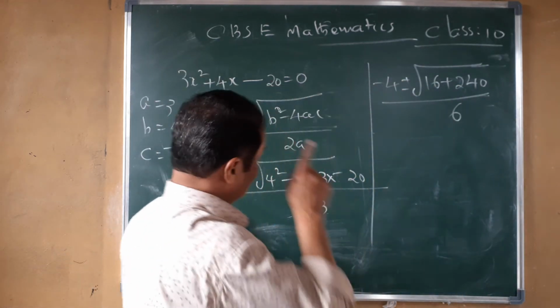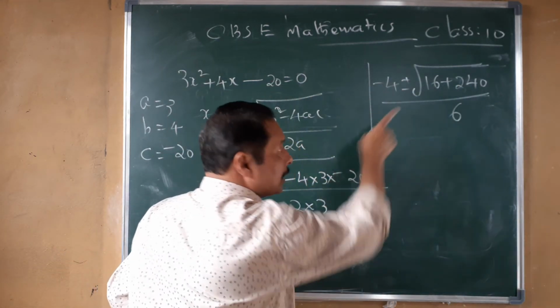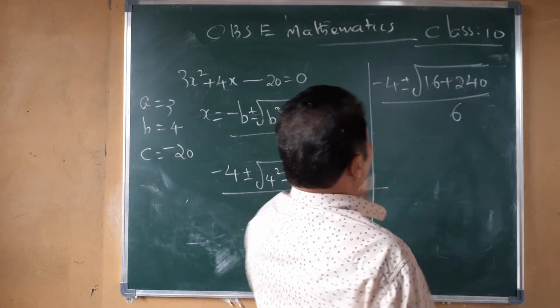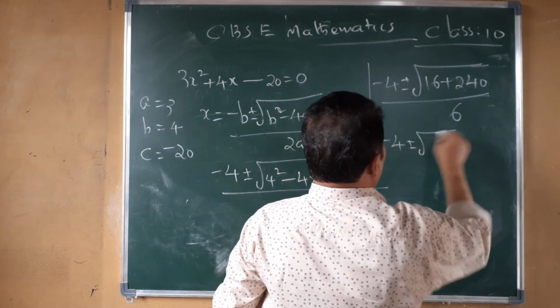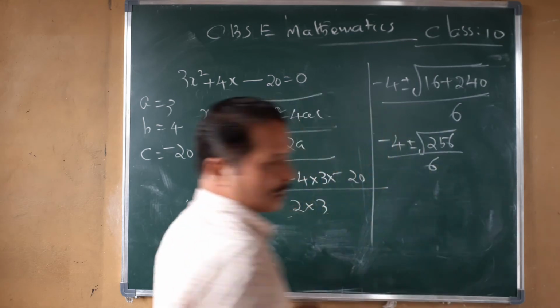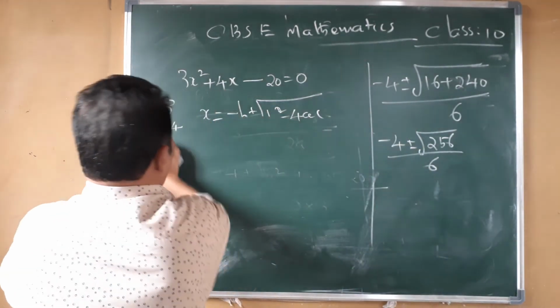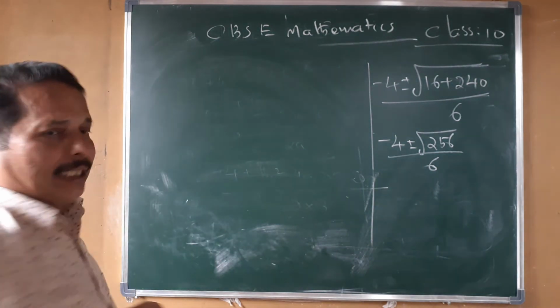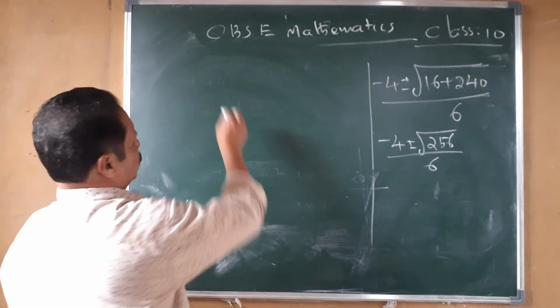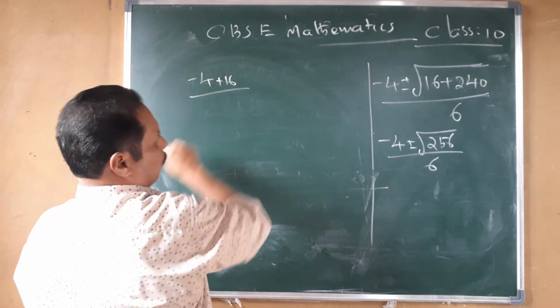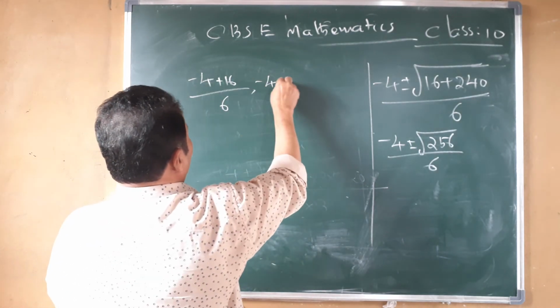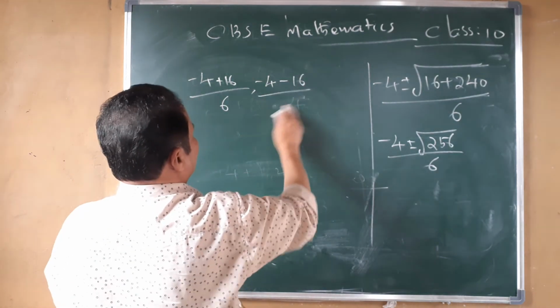Here, minus into minus is plus. If you add this number you get 256 divided by 6. And root 256, it's a perfect square, you get 16. So, minus 4 plus 16 divided by 6, minus 4 minus 16 divided by 6.